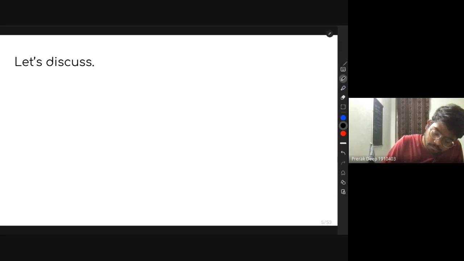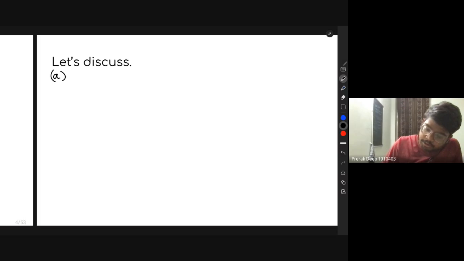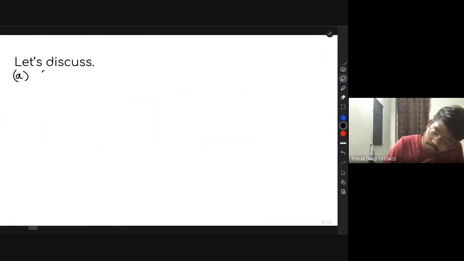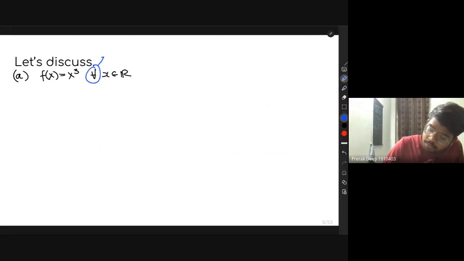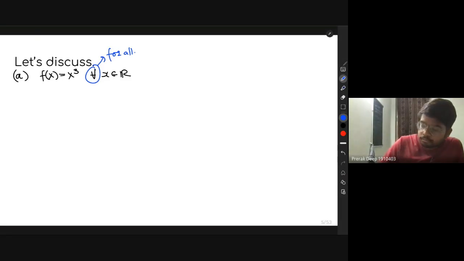Let me start with part a, which is the function f of x equal to x cube for all x in R. This is, for those who don't know, the symbol for all.